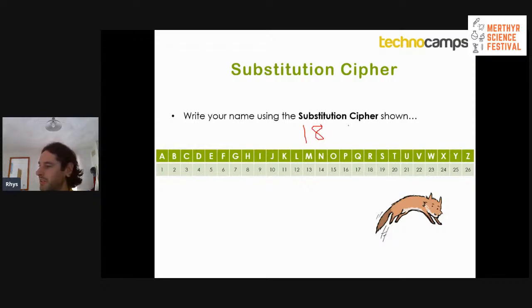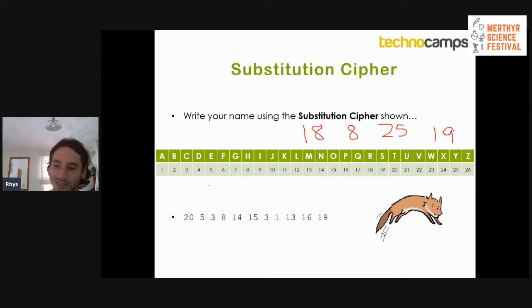I'd find H, which is 8. I'd find Y, which is 25. And I'd find S, which is 19. Claire, nice. 3, 2, 1, 18, 5. Brilliant. David, 4, 1, 2, 9, 4.